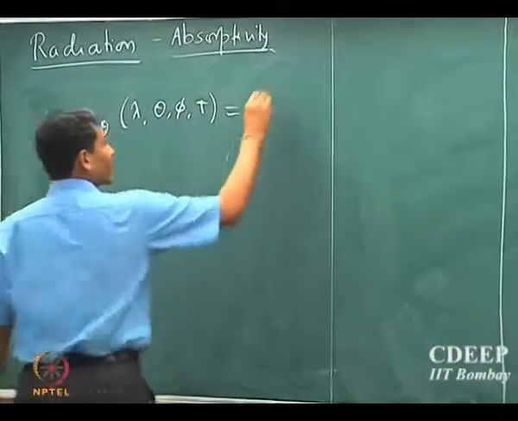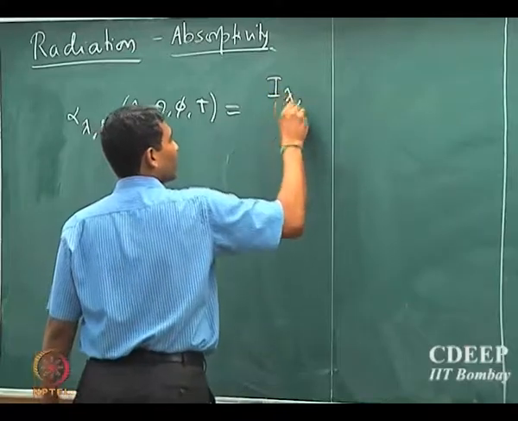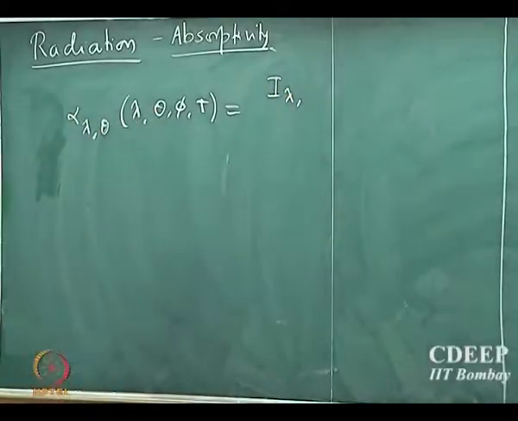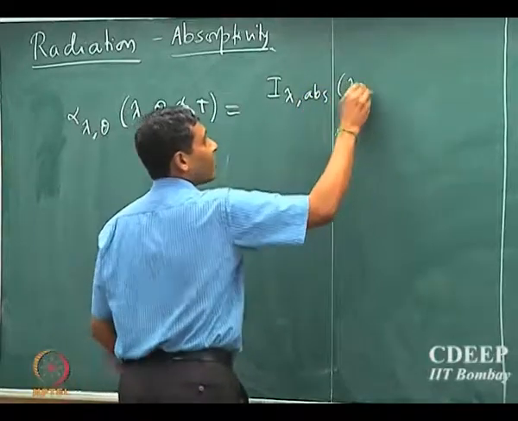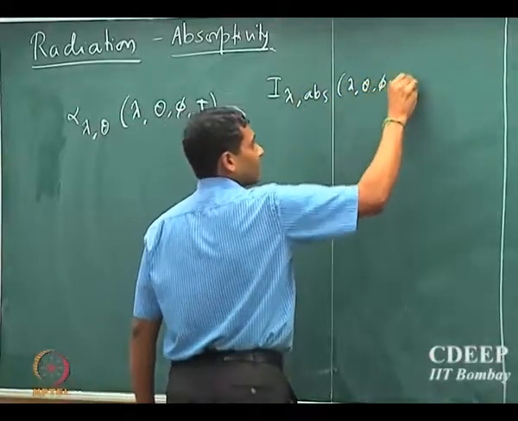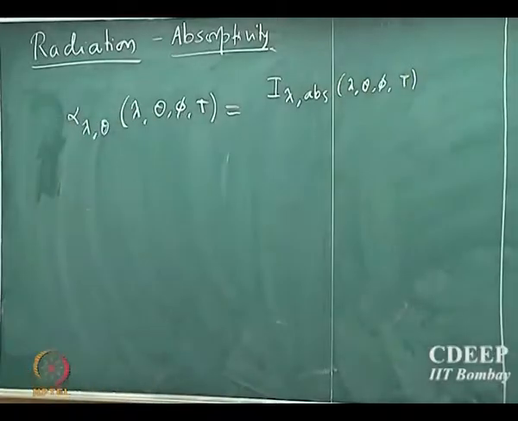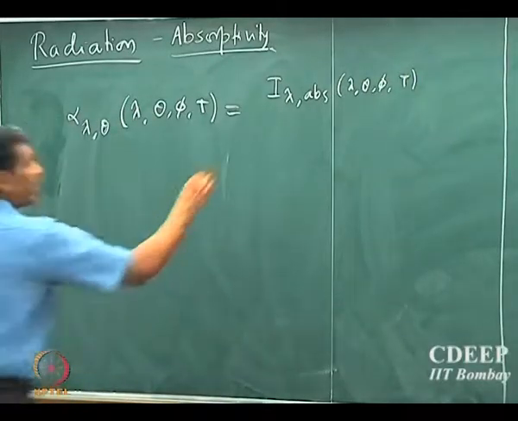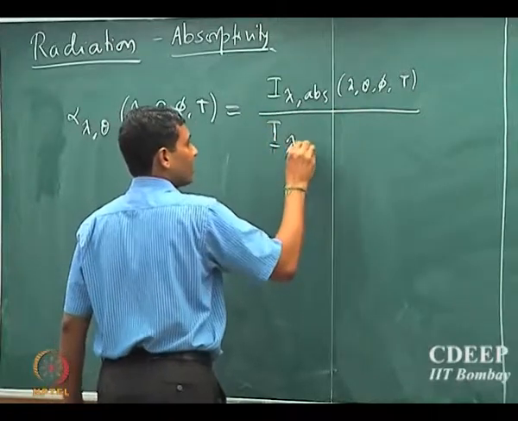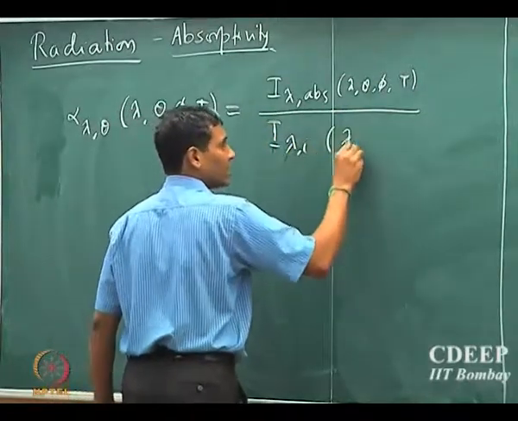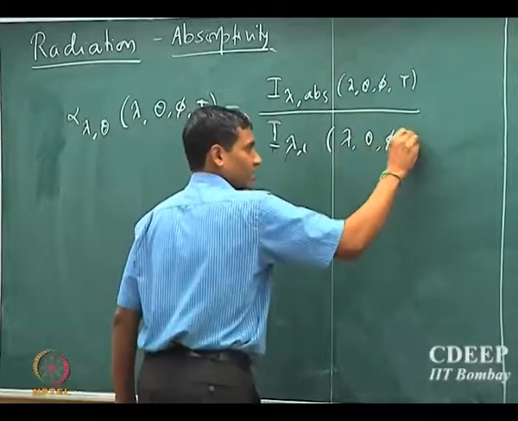That's defined as the ratio of the intensity of radiation that is absorbed, which is a function of position and the wavelength, divided by the total incident radiation that is received by that surface. Okay.